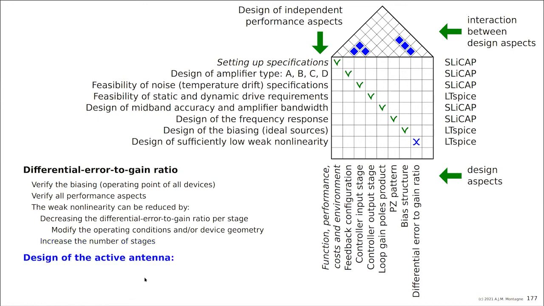So for the design of the active antenna, you will see that by only verifying the specs, we will see that we are already good enough, which means we don't need to add stages because of the nonlinearity, or change the operating point of stages. So let's go to that. We check the performance.